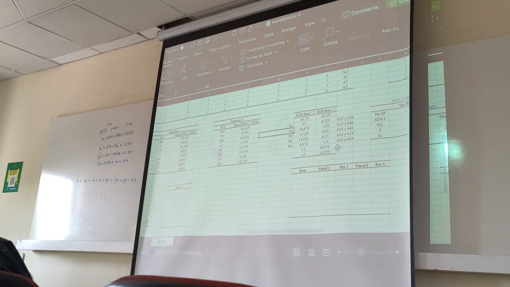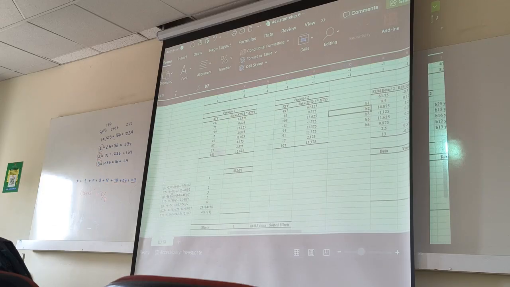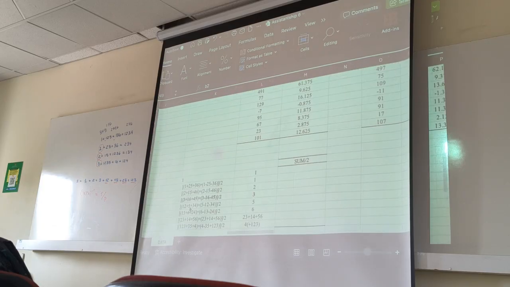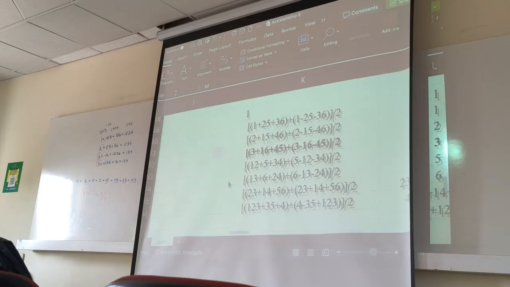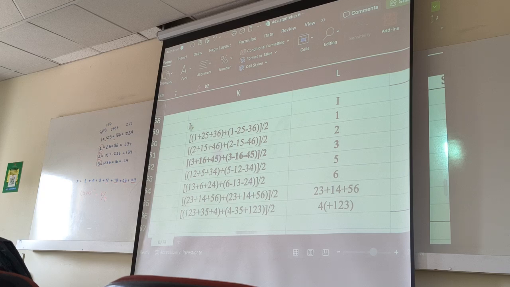So the idea of this part is because we have, as you can see here, if we make the sum between one fraction and the other fraction, you are going to have the parameter that is connected, the variable that is connected to that parameter.